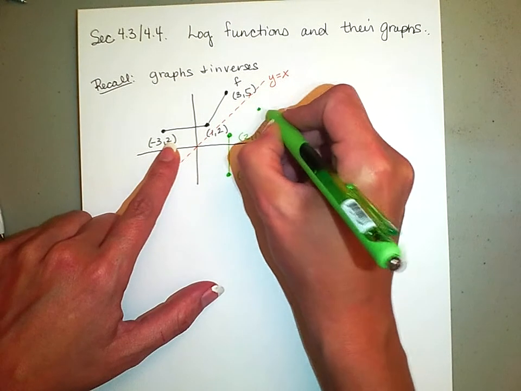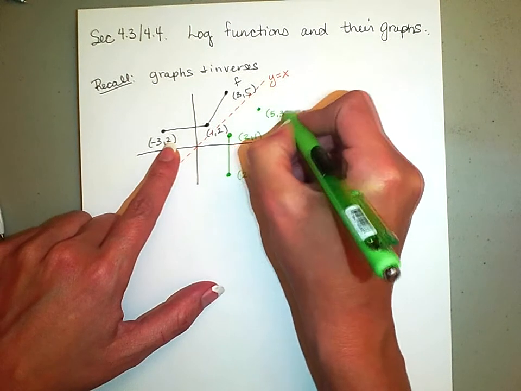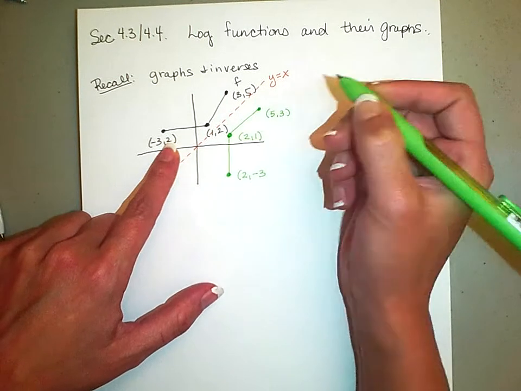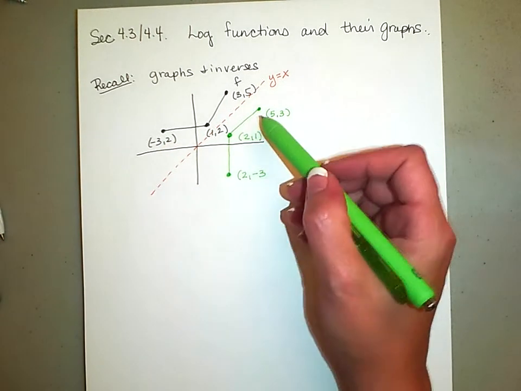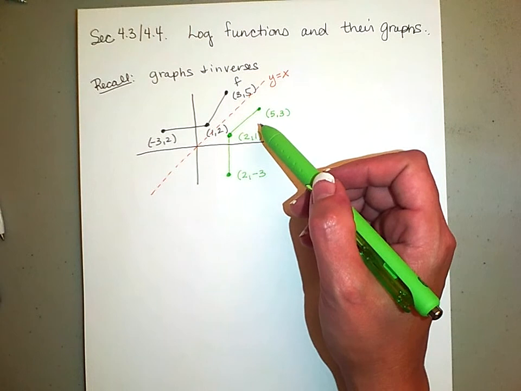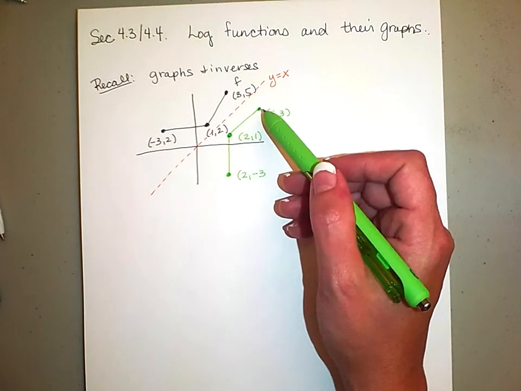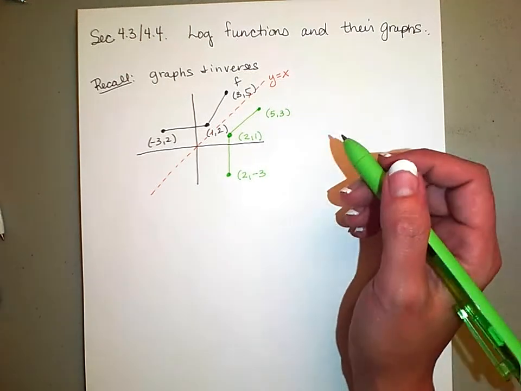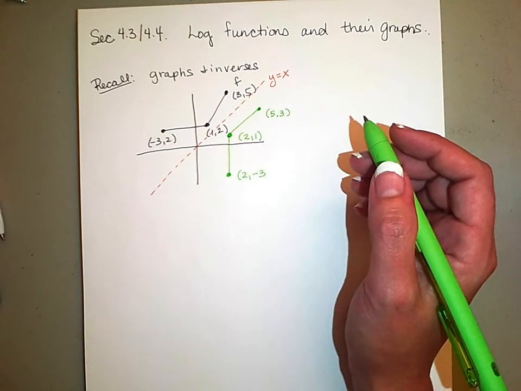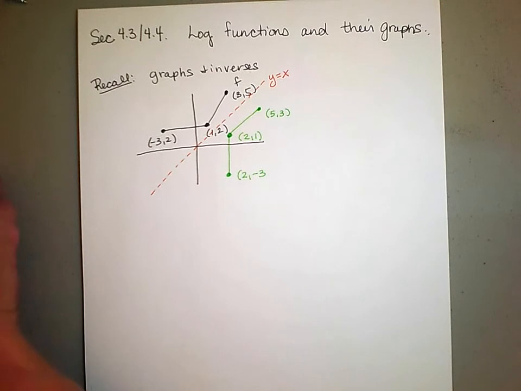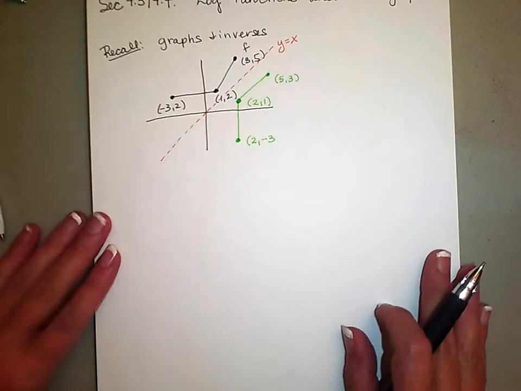I also will have the point (5, 3). And so while I don't know what the equation of this graph is, I know that this is the inverse, because I've flip-flopped the points. Okay. It all comes back to, remember, our diagram.